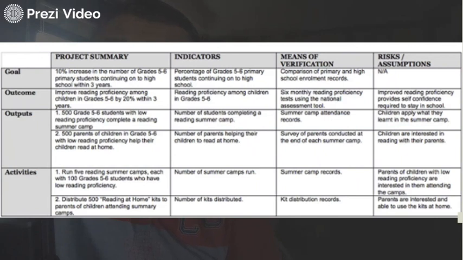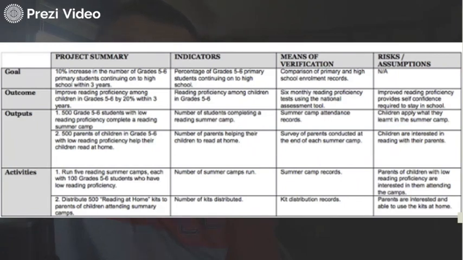And these are the activities, at the last part of the row. You have run 5 training summer camps, each with 100 grades 5 and 6 students who have low reading proficiency, and distribute 500 reading at home kits to parents of children attending the summer camps.